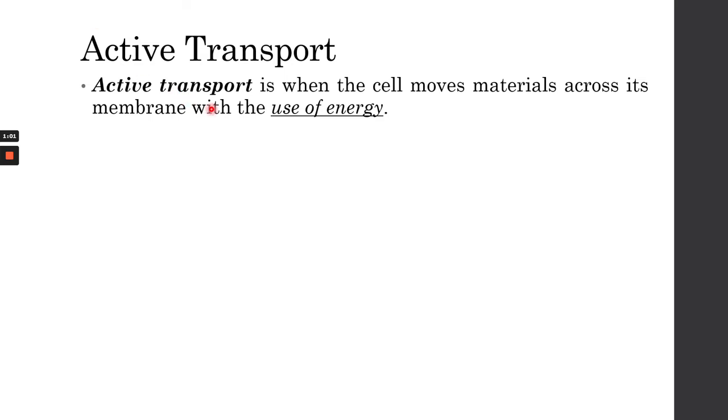There is a need for the use of energy in order for the cell to move substances across its membrane. If you remember, the membrane of the cell is semi-permeable. Not everything can cross it. The cell often requires help to move substances across its membrane, especially when we are dealing with ions.